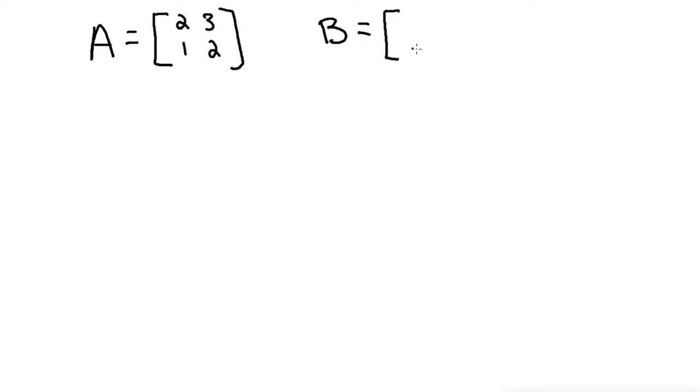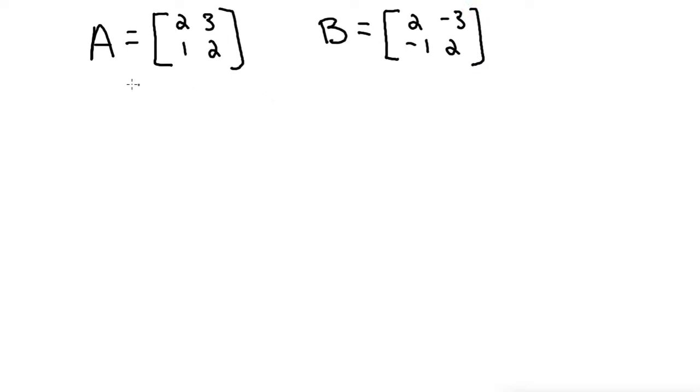So let's say we have one matrix that we'll call A, and that's going to be equal to [2, 3; 1, 2]. And we have another matrix that I'll call B, and that'll be equal to [2, -1; -3, 2].